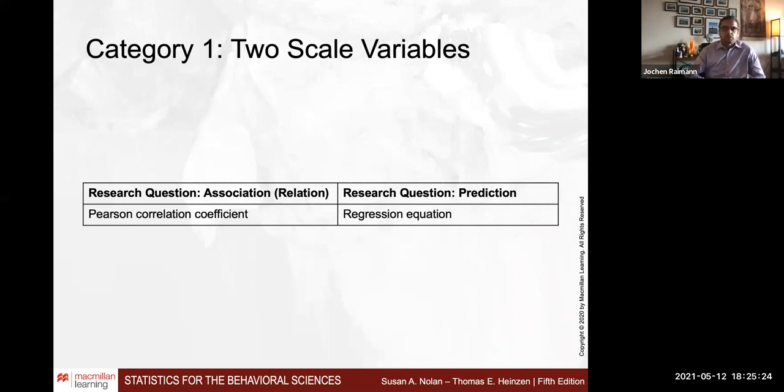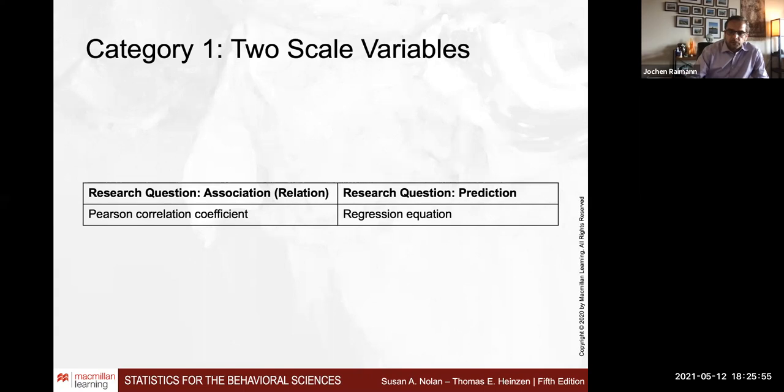So this gives you one correlation coefficient, the so-called r, which allows you to quantify the strength of a correlation. Then secondly, we have the linear regression, which allows you to predict values on the dependent variable based on the magnitudes of the independent variable of each individual participant or data entry.